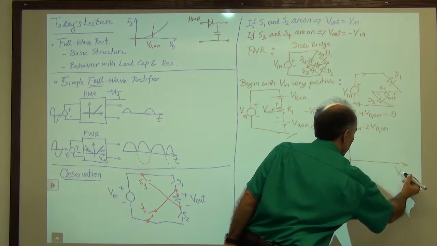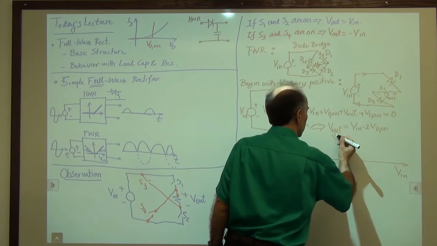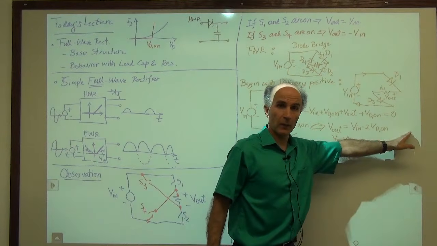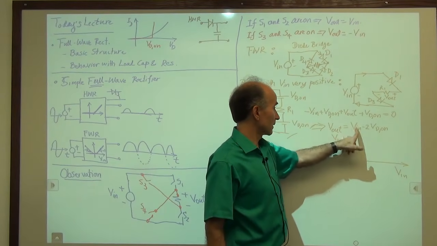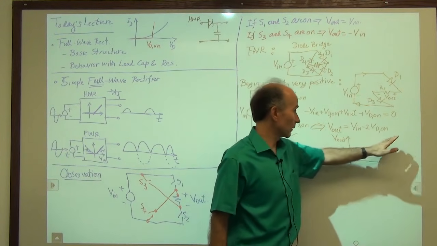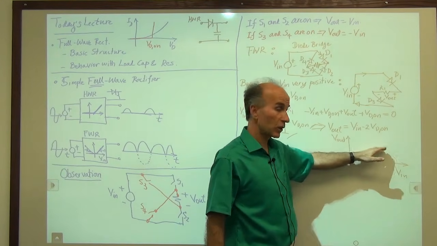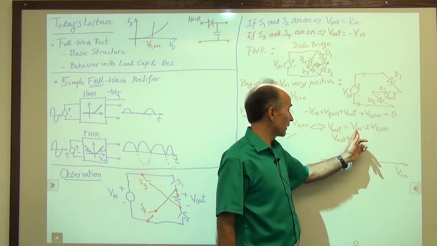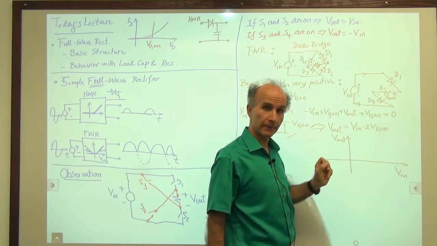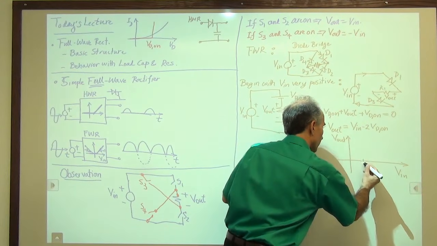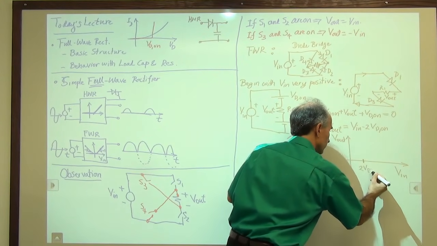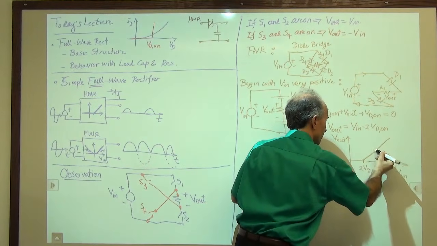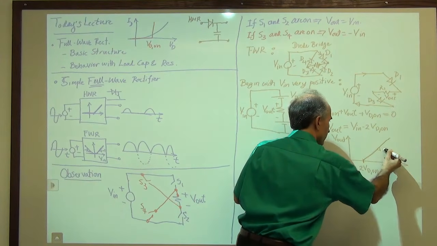This is V in, this is V out, and we started from very positive values, and we see that the slope is plus 1, so we have a straight line. And then we know that this line, V out goes to 0 when V in is equal to 2 VD on. So at 2 VD on, the line crosses 0. And this slope is plus 1.